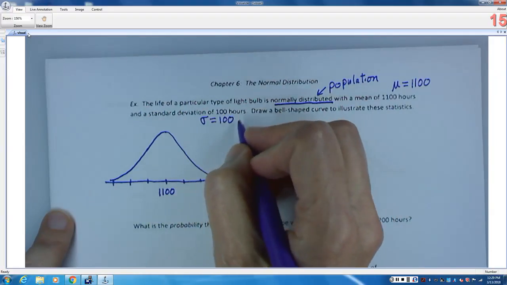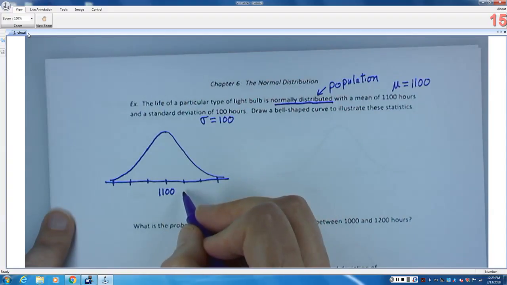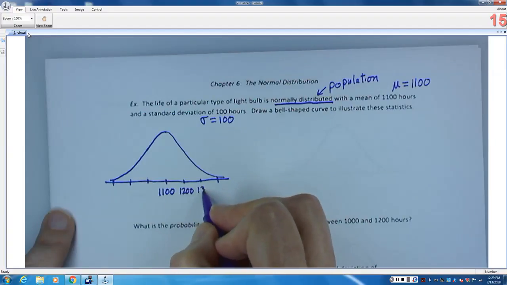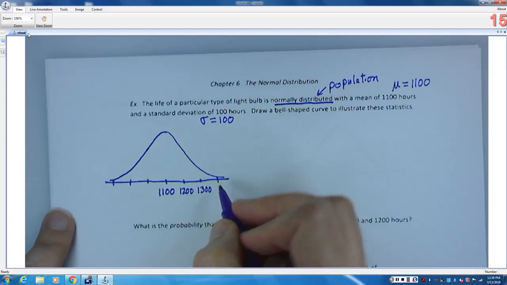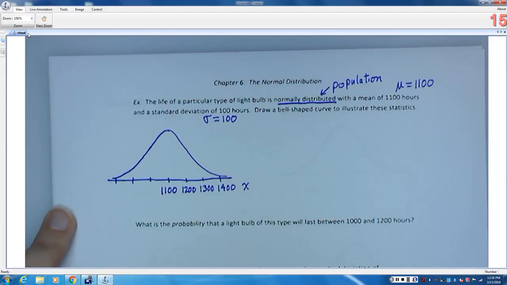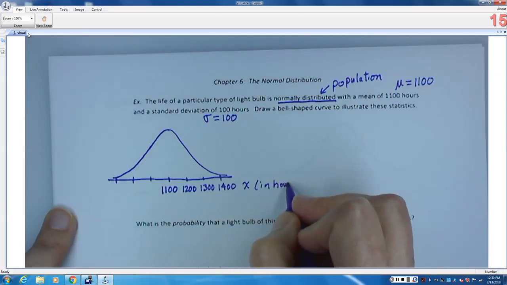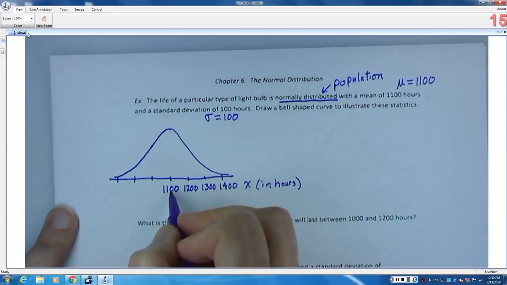hours. So we're going to add sigma going up, so 1100 plus 100 is 1200. Another 100 is 1300 and 1400. These are our x's, the horizontal axis. And it's in hours. And then we subtract 100 going down.